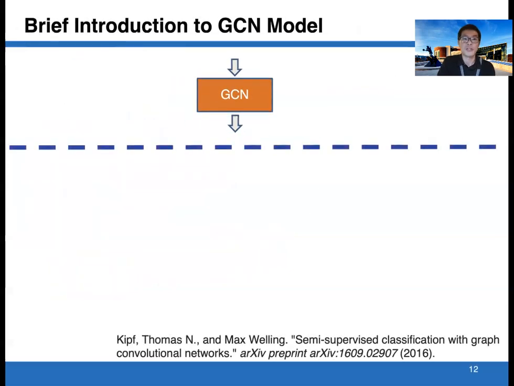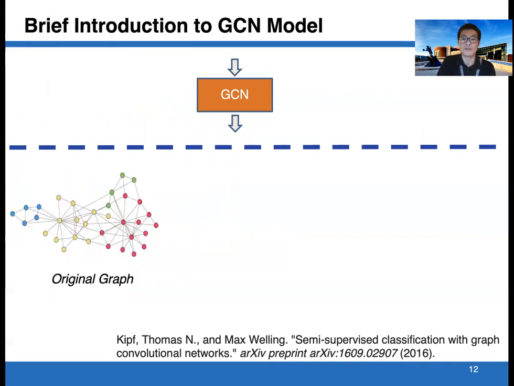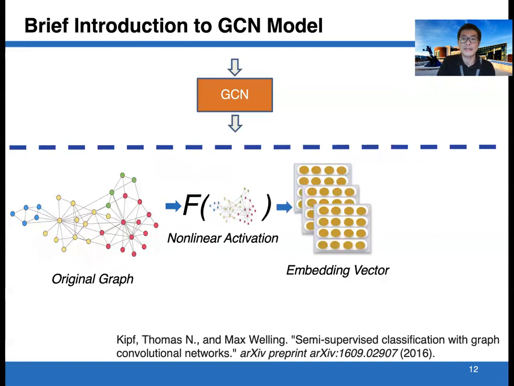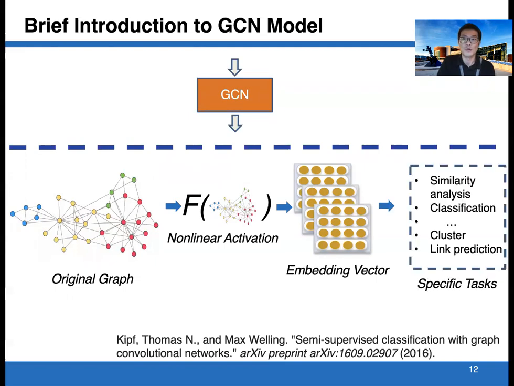Here we give a brief introduction to the graph convolutional neural network model. The GCN transfers the idea of convolutional neural networks to graph data to learn the local pattern of the graph data. By applying a nonlinear activation function, GCN explores the structural relation of the graph and attribute information of nodes to embed the nodes of the graph into a low-dimensional vector space, which can then be used for downstream tasks.